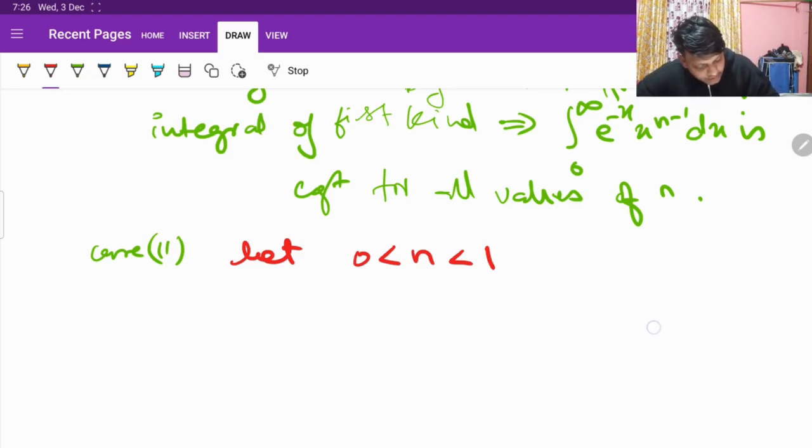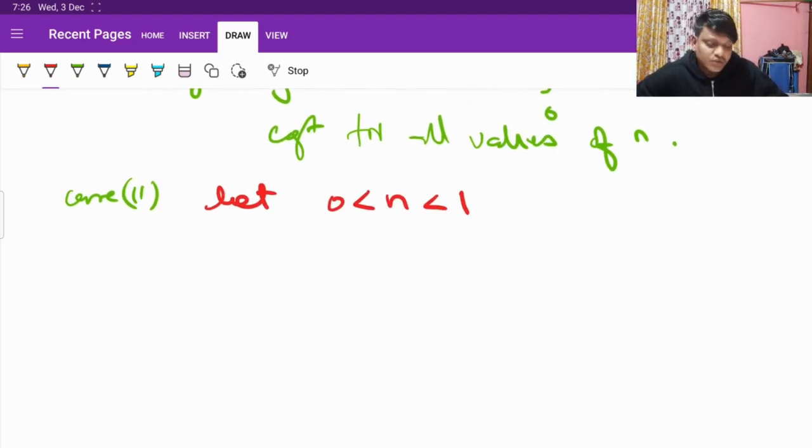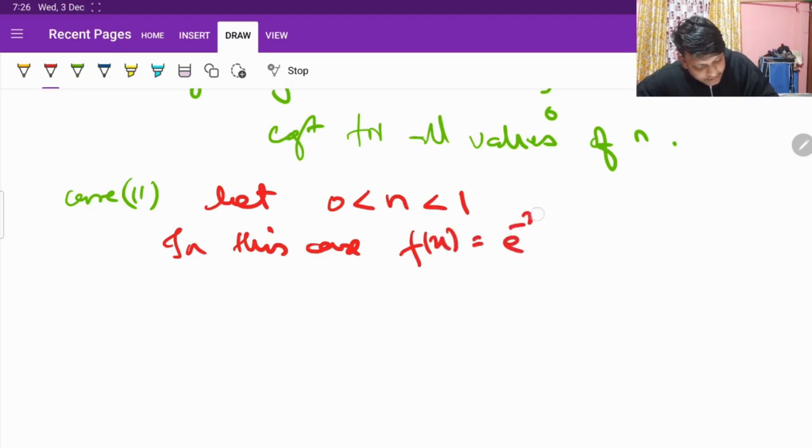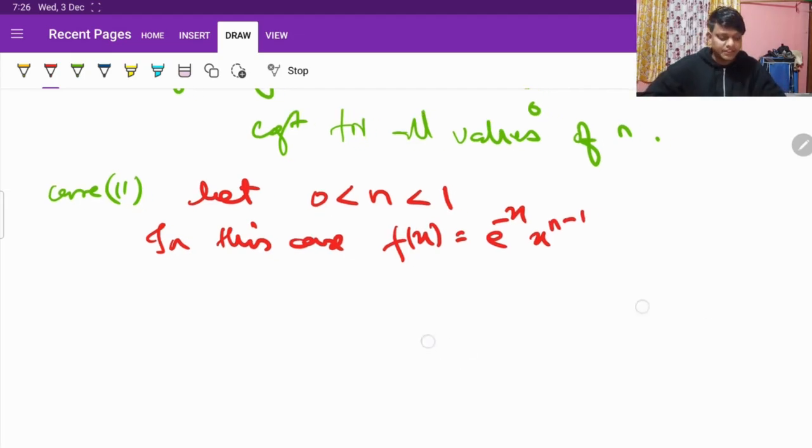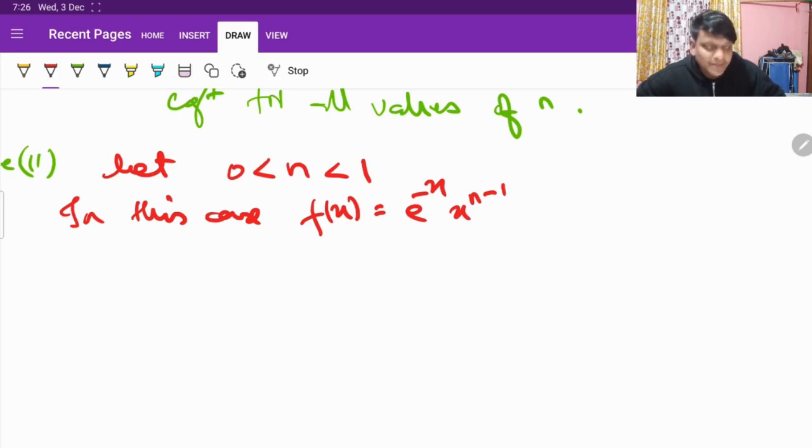Okay, so as we see, our n lies between 0 and 1. In this case my f(x), that is e to the power minus x, x to the power n minus 1, obviously has infinity at x equals 0 because my n is less than 1, but greater than 0. So we get something like x to the power 1 by n, because n is less than 1 and then we have minus 1, obviously the exponent is going to be negative, so it goes to the denominator.